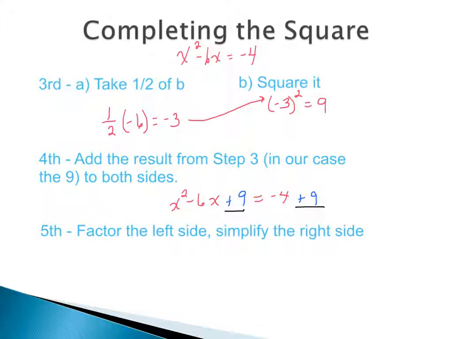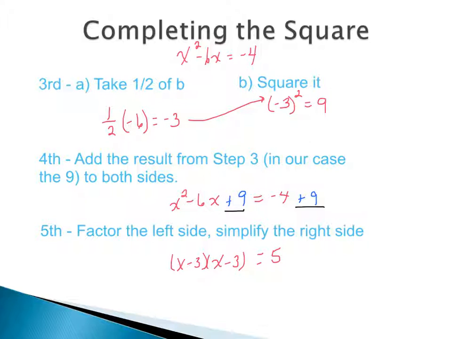Easy enough on the right-hand side, we would just have negative 4 plus 9, which would be 5. On the left-hand side, we want to factor. In this form, I would just find what multiplies to the last term and adds to the middle. Our factors of 9 that add to negative 6 would be negative 3 and negative 3.